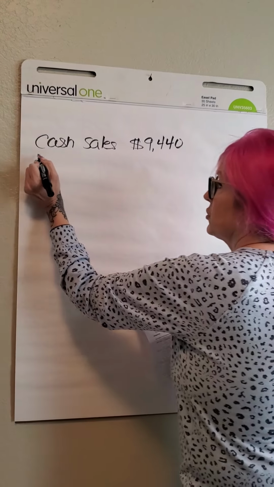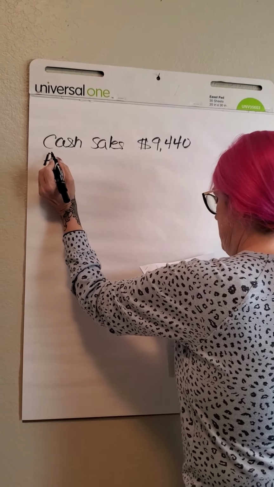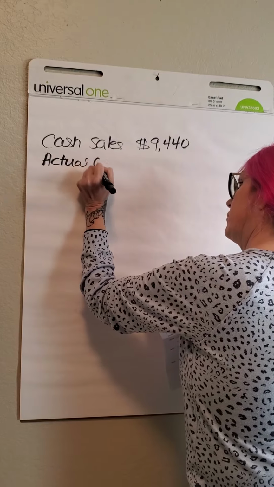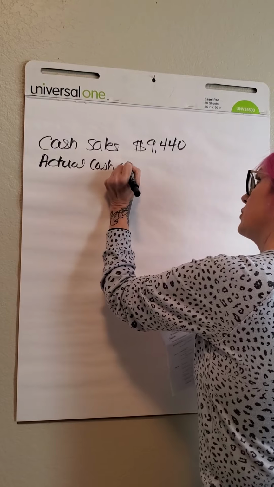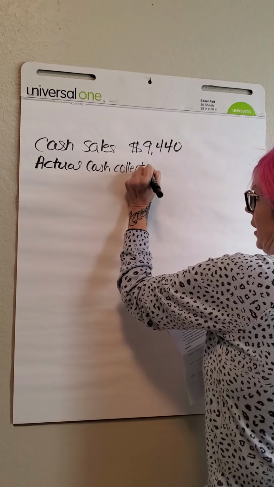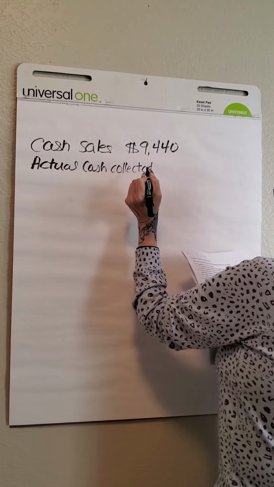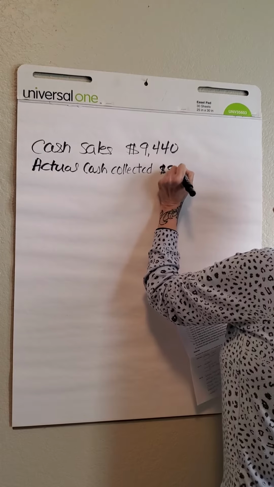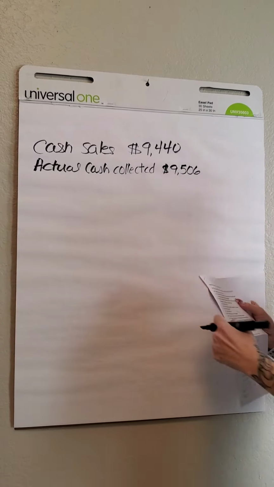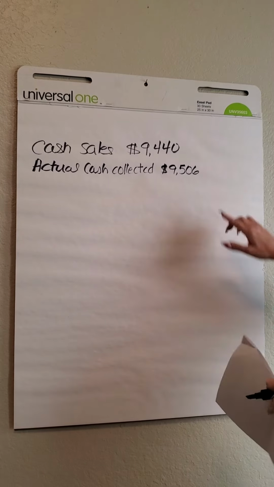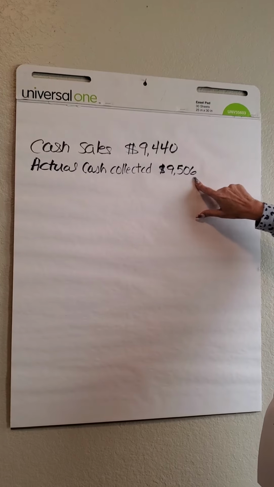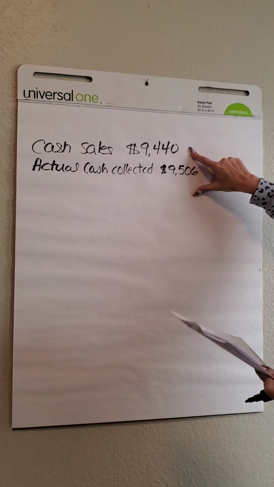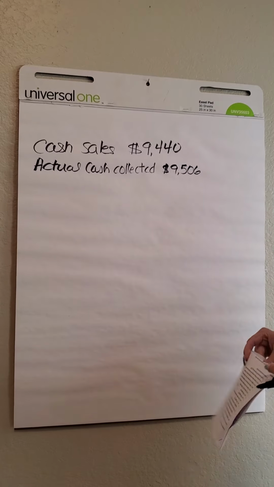But the actual cash that we collected for the day was $9,506. So we actually collected $66 more in cash than we had for sales. We need to account for that using an account called cash over and short.